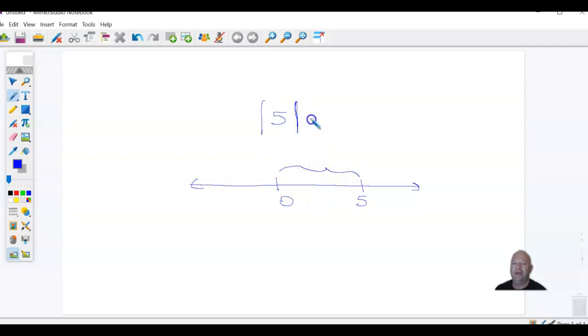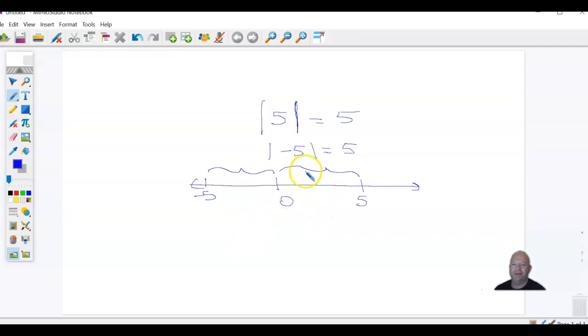So in this case, the absolute value of 5 is 5. Now there's another number that has the same distance from 0, and that's over here at negative 5. And so from negative 5 to 0 is also 5. And so when I take the absolute value of negative 5, I get the same answer of 5.